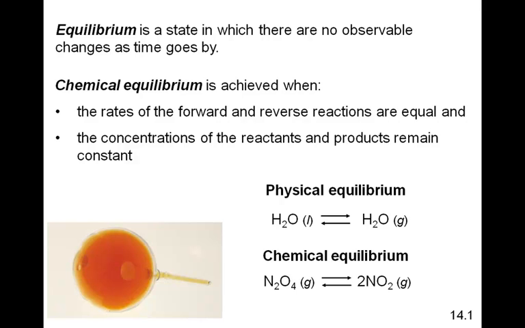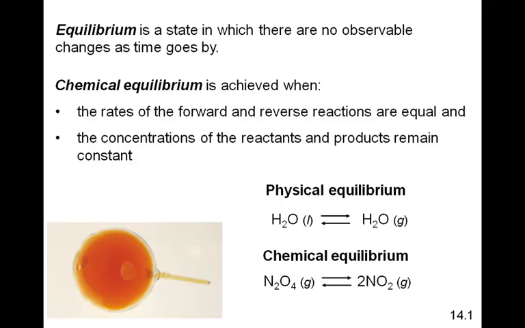But at the same time, the two molecules of NO2 are reversing themselves and forming the initial reactant of N2O4. This substance under these conditions establishes an equilibrium between the two, and we can see that there's a relatively large amount of the NO2, because the NO2 has that color. The N2O4 doesn't have a color, but the NO2 does, and we can see that there's a relatively good amount of NO2 in there.